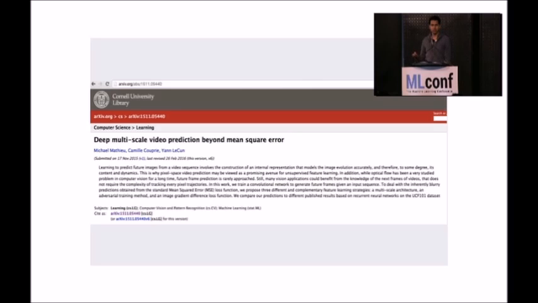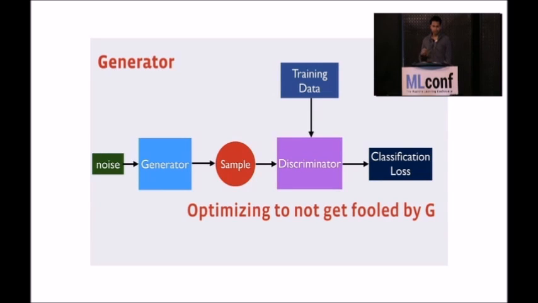You take in the past X frames and you want to predict the next Y frames so that you can plan according to what you think happens. And traditionally, what people used to do was take the past X frames, generate some frame, and then take the mean square error between the generated frame and what you had as ground truth.